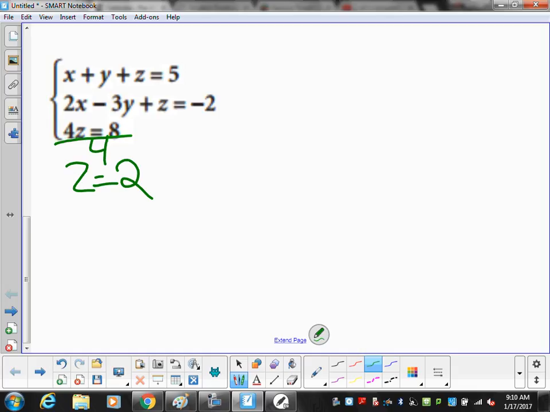This is a little bit different setup than the one we had done. What I would do now is replace the z in both equations. So in the first 2 equations, you're going to replace z with 2, and then you just have 2 unknowns that we're dealing with.